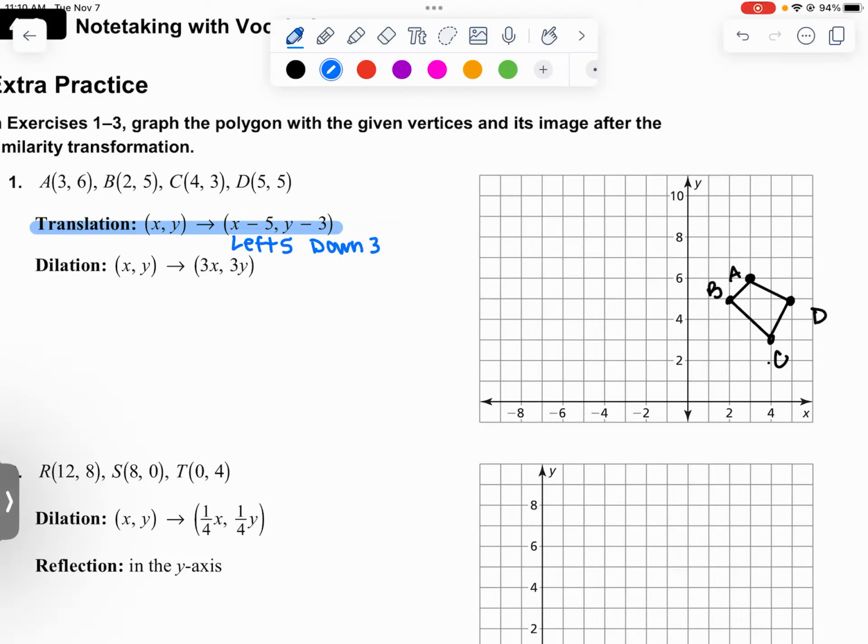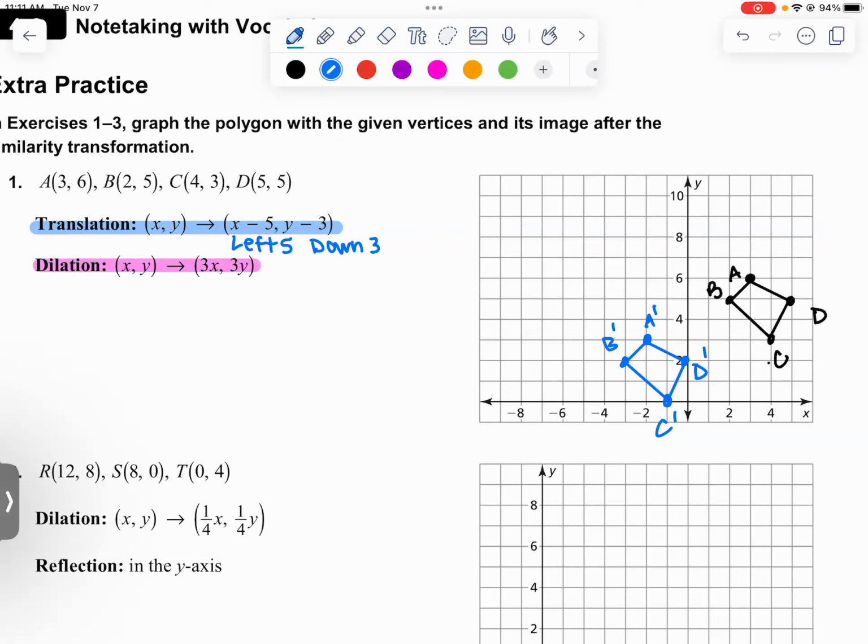Okay, go ahead and do that for me. Does your shape look like my blue one up there? Okay.